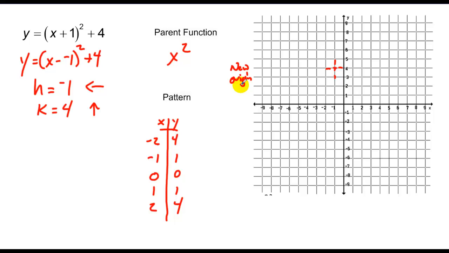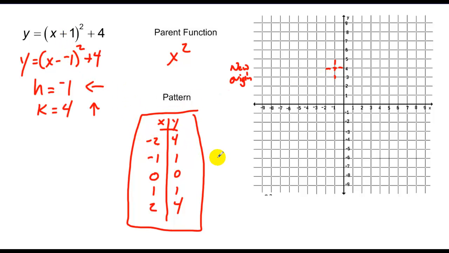And I'm claiming that my graph is not going to change at all because it hasn't gotten narrower and it hasn't gotten wider, because there's no a value. Therefore, since my graph isn't changing, it still has this pattern. And I can graph this pattern from my new origin and have the perfect graph of this function.